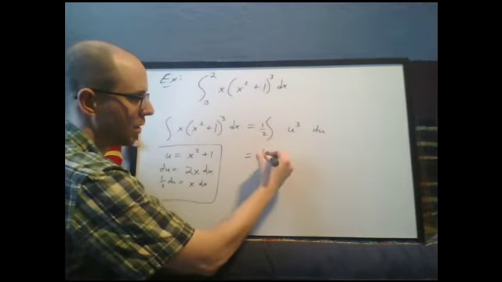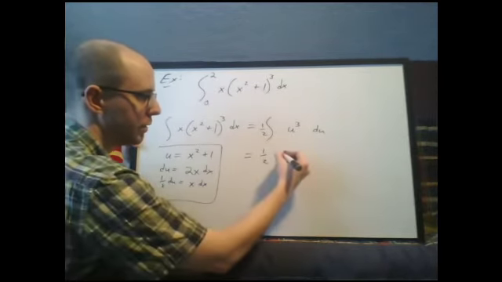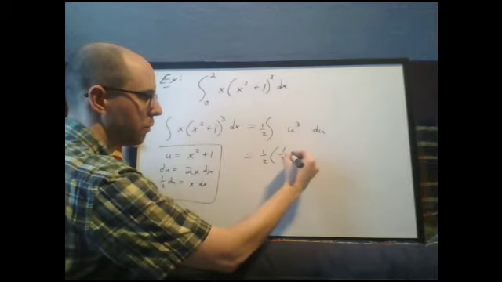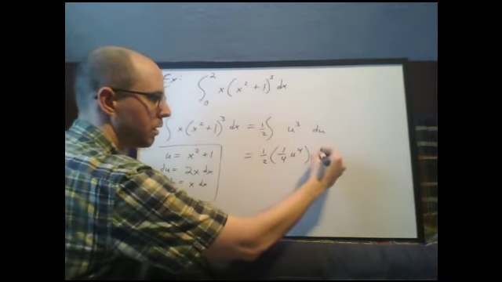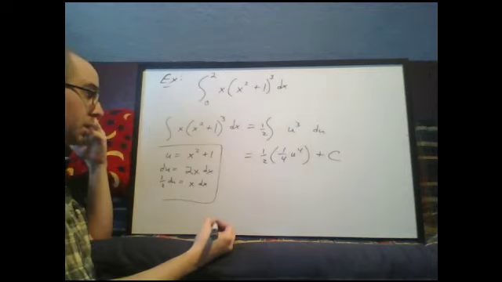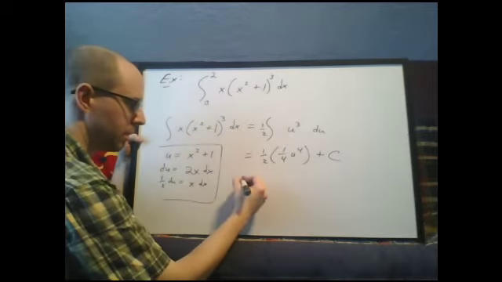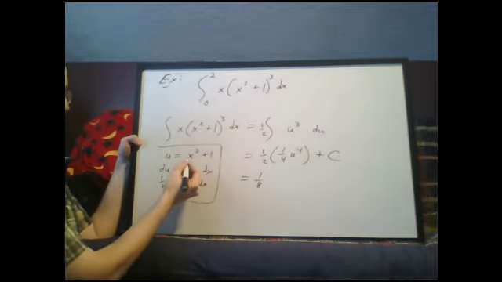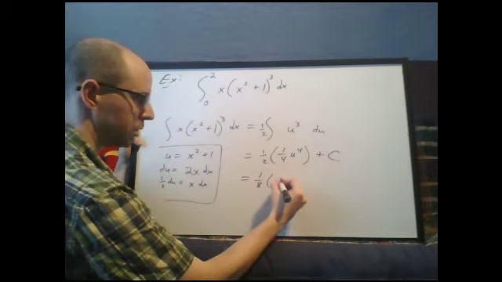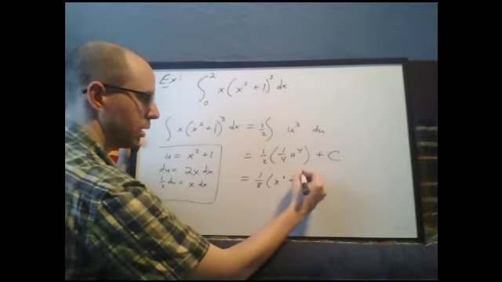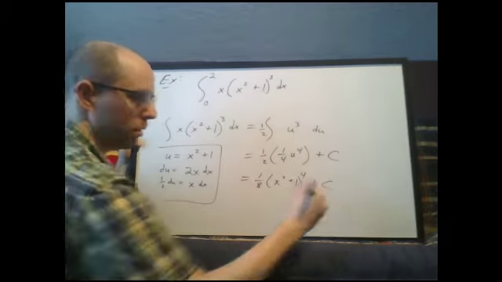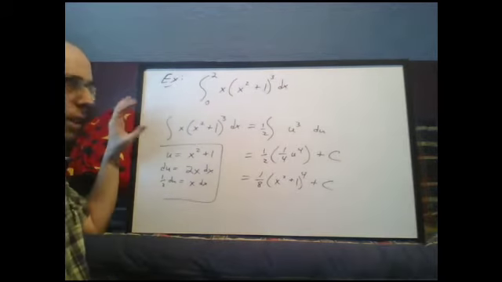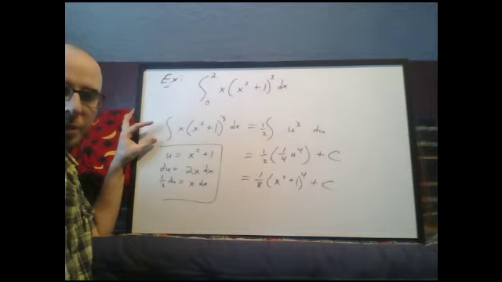That's 1/2 times 1/4 u to the 4th plus c. That's 1/8. Now let's undo our substitutions. That's x squared plus 1 to the 4th plus c. And so I finished the problem without numbers.